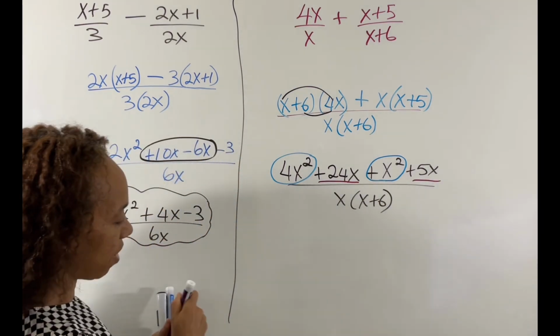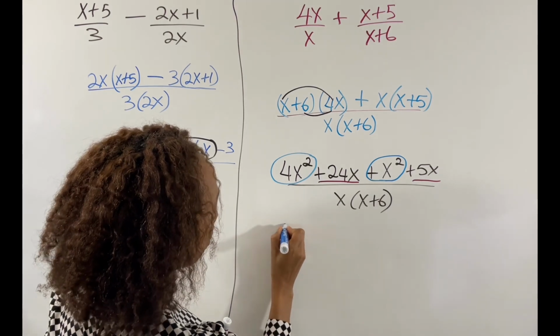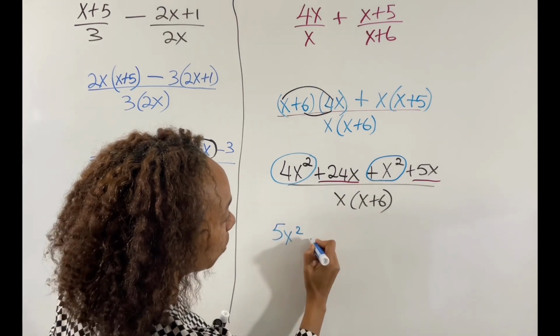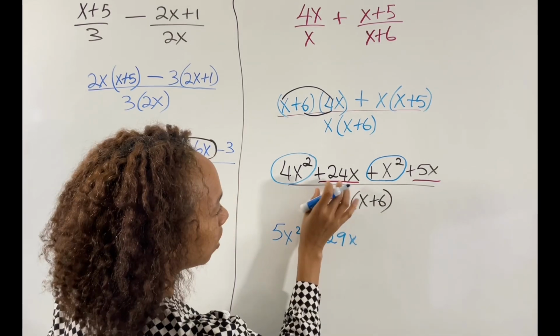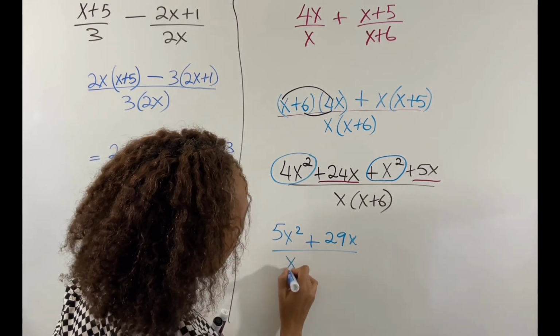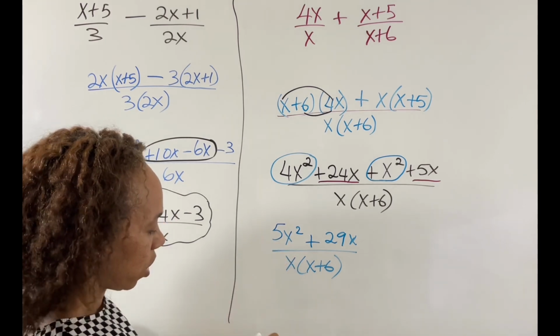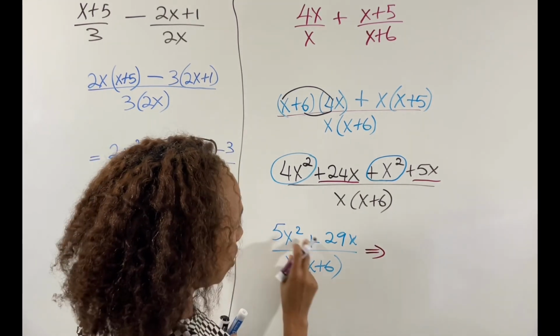So let's put it together. So we have 4x squared plus x squared is going to be 5x to the second power, and we are going to add that to 29x, because 24x plus 5x is 29x over x parentheses x plus 6. You can take out your GCF.